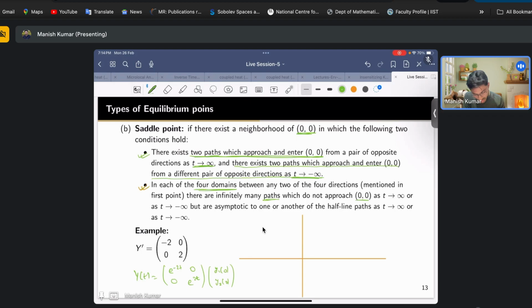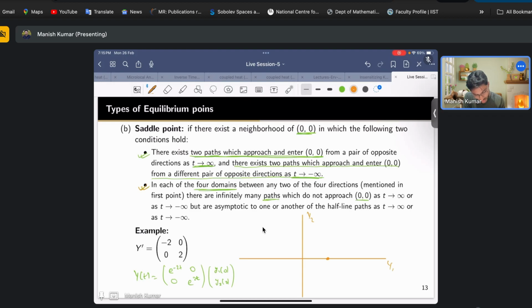You can clearly see, if I choose this kind of direction, let me first say this is y1, this is y2. Now if I choose a point, let's say y1 is 1 and y2 I am making 0.